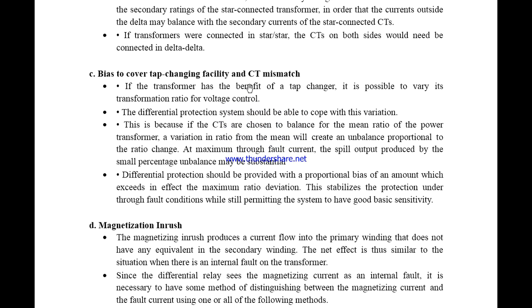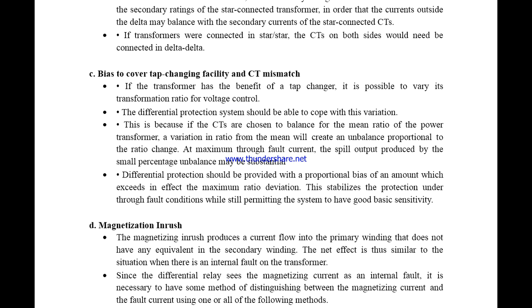Suppose the transformer has an on-load tap changer; it is possible to vary the transformation ratio for voltage control. The differential protection scheme should be able to cope with this variation. If the CTs are chosen to balance for the mean ratio of the power transformer, a variation in ratio from the mean will create an unbalance proportional to the ratio change.